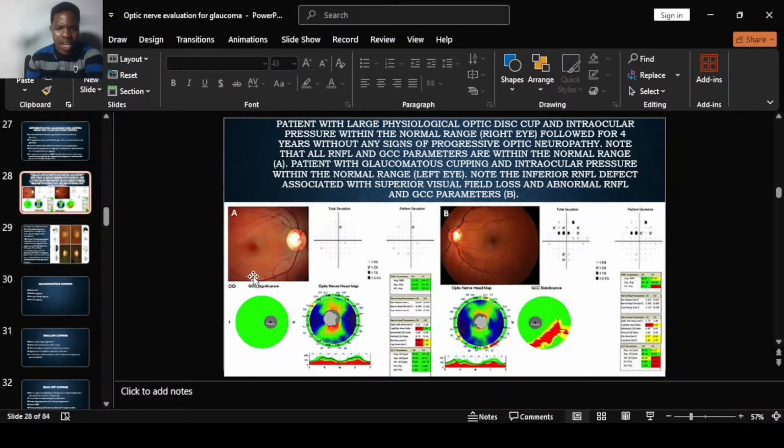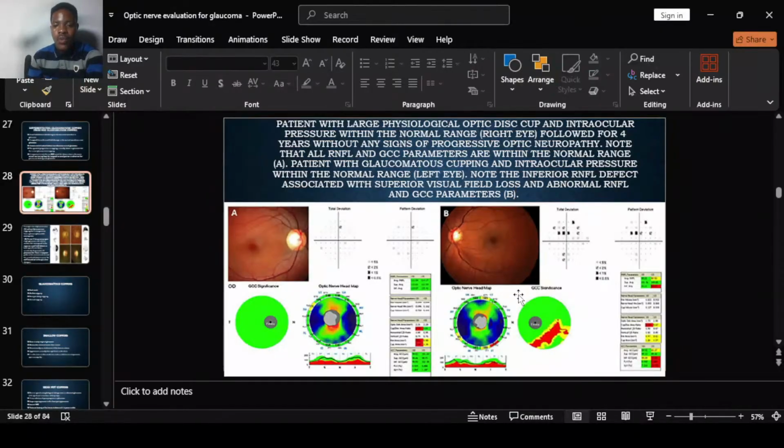So let us look at A. This is the fundus image, and even though the cupping is large, when we look at all other parameters, they appear healthy. If you look at the visual field of A, you see that the visual field is fine, nothing is going on there. But we see this case B, same large cup, but when we send for OCT, we see a thinning in the inferior portion, there's a loss, an RNFL defect.